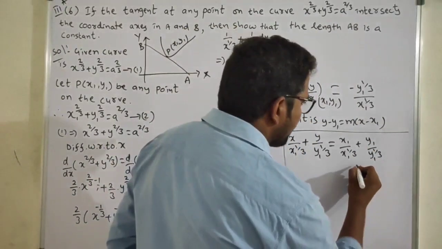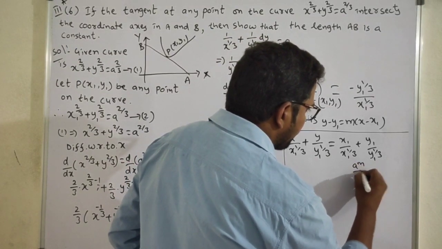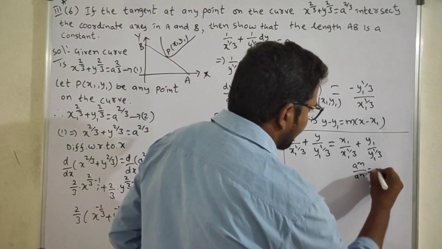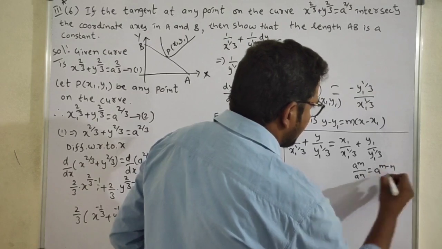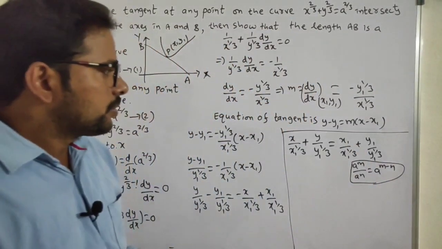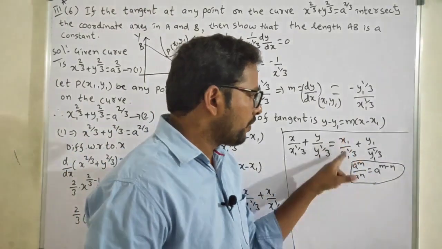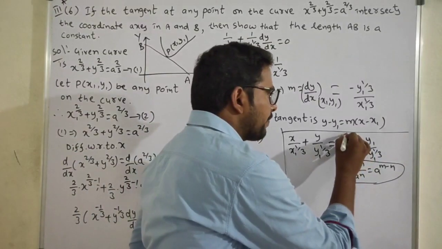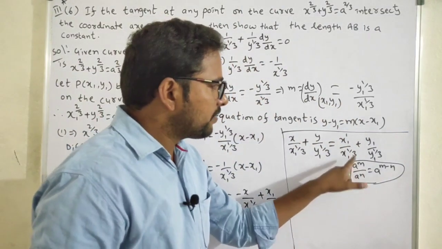So we have one formula: a power m by a power n, we can write this as a power m minus n. Here apply this formula. For a power m, the power is 1 here, and n is 1 by 3.